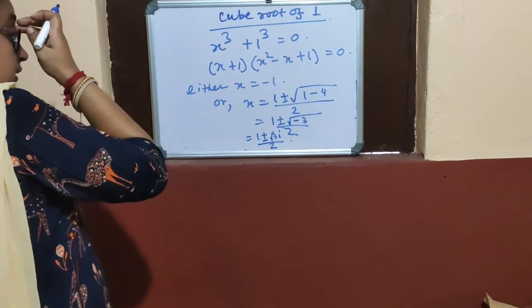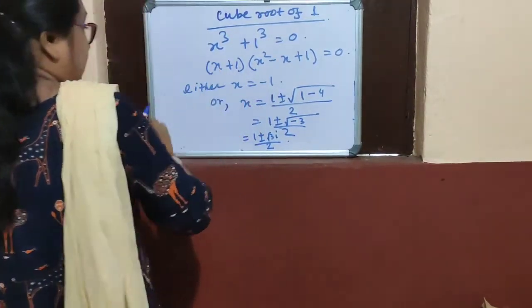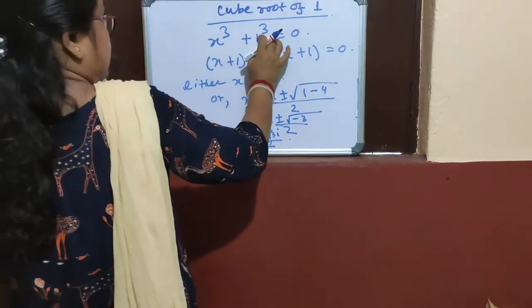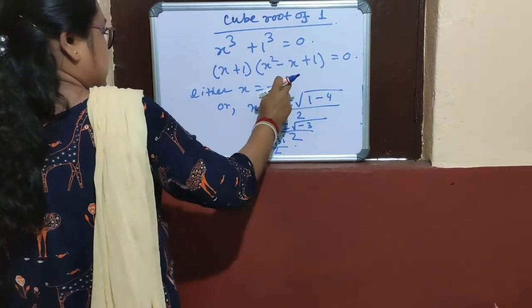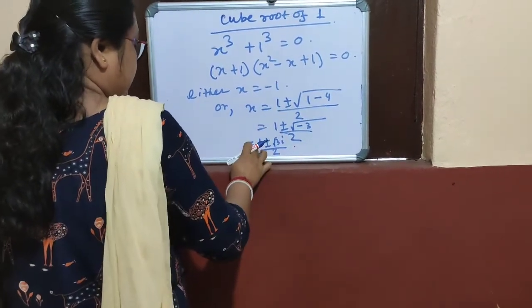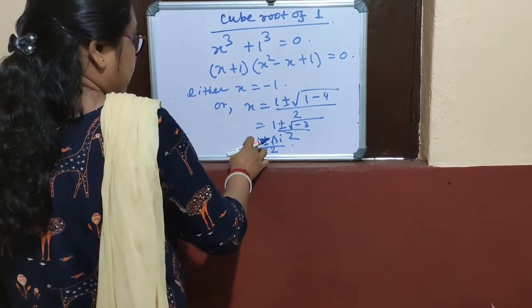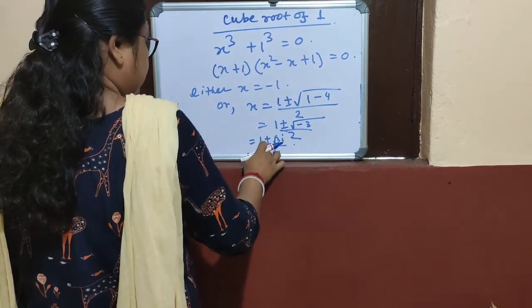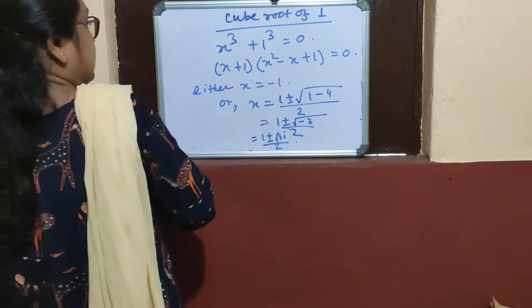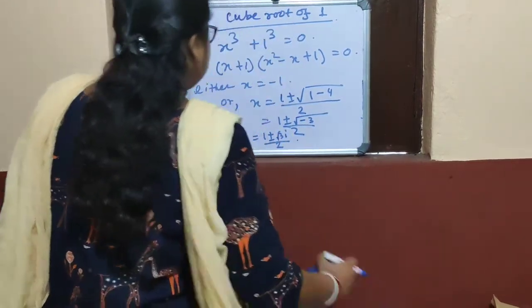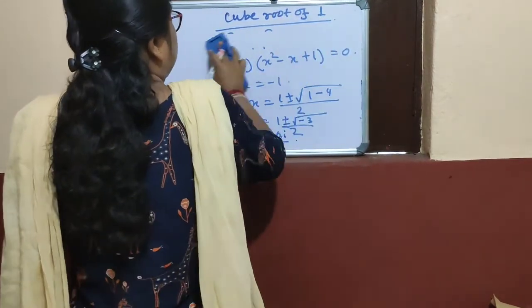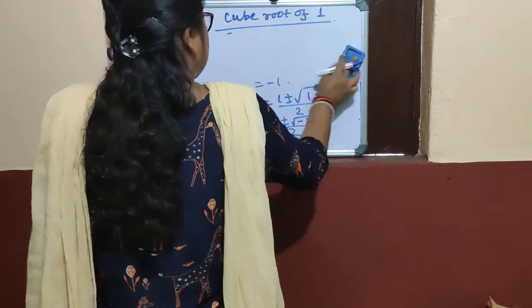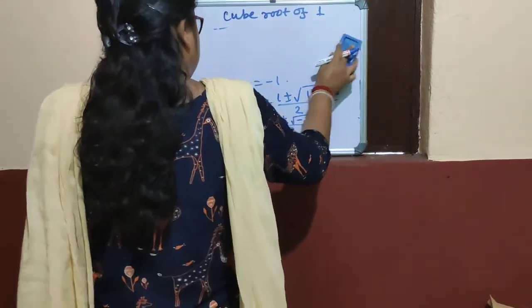This is the value if a cube plus b cube is equal to 0. These are minus 1 and 1 plus root 3i divided by 2, and 1 minus root 3i divided by 2. Okay. Now what is the value of the question? If the question is a cube plus b cube, this is the question, a cube plus b cube.